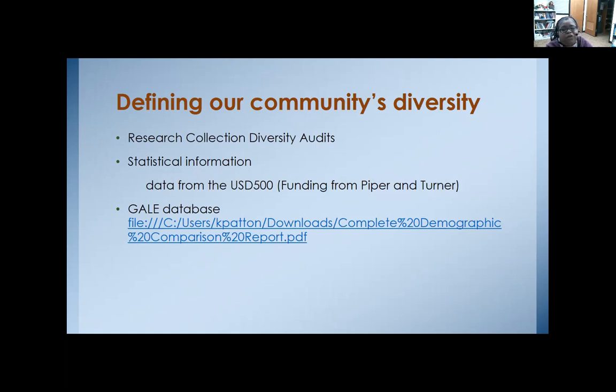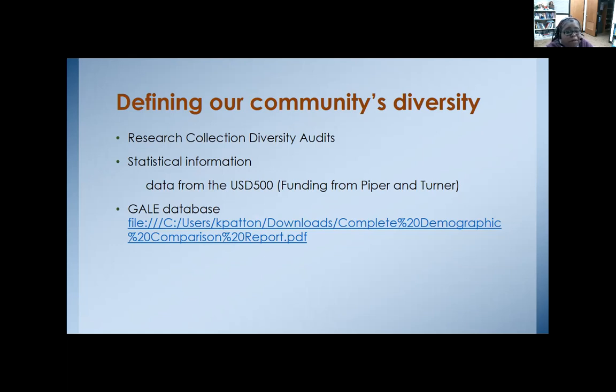And we went back and forth: should we just use school district data since we're part of USD 500? But that would leave out Piper and Turner. And then we also serve other parts of Wyandotte County. So we decided to use the Gale database, because it gave us information for the whole county, and it also broke it down by economics and ethnic information and religion and all of the things that we needed broken down for us.